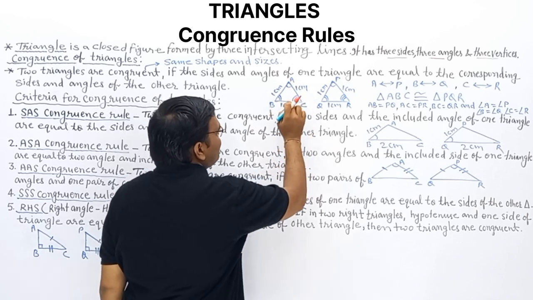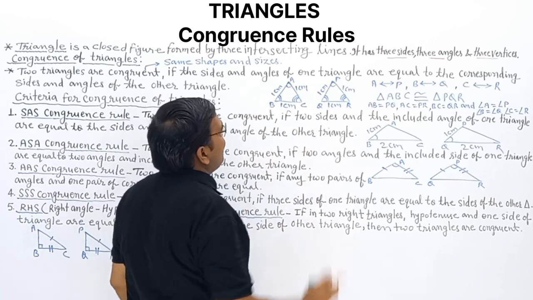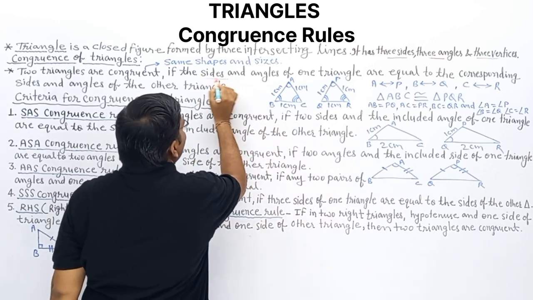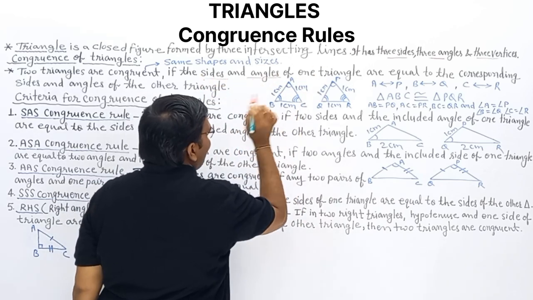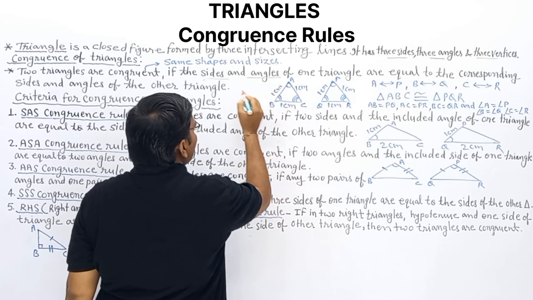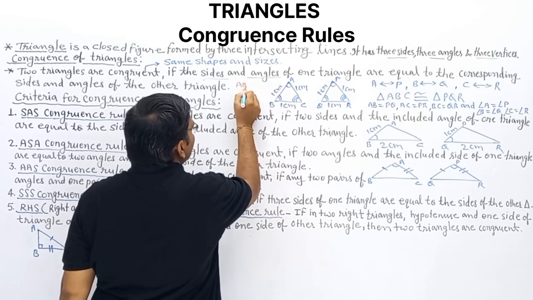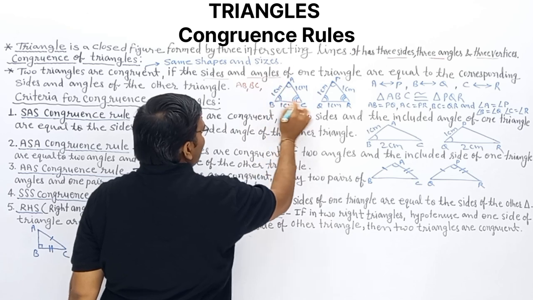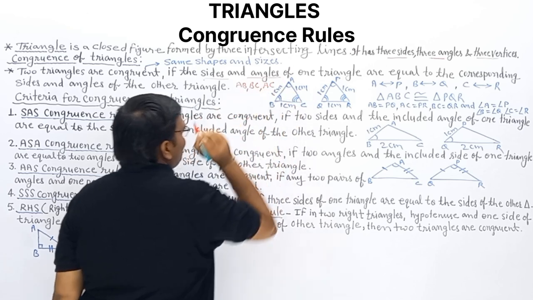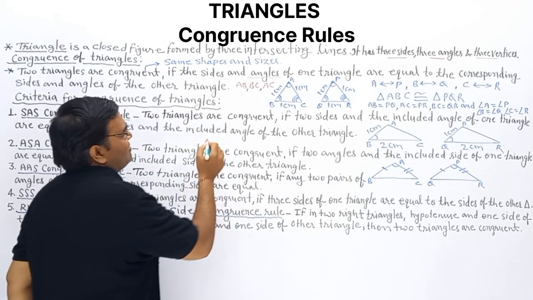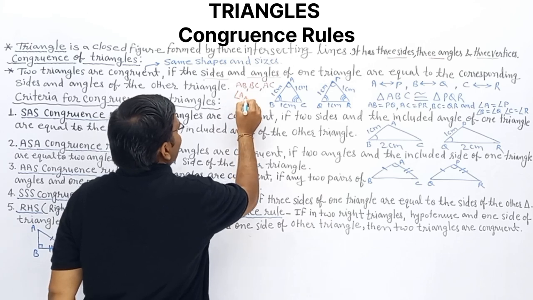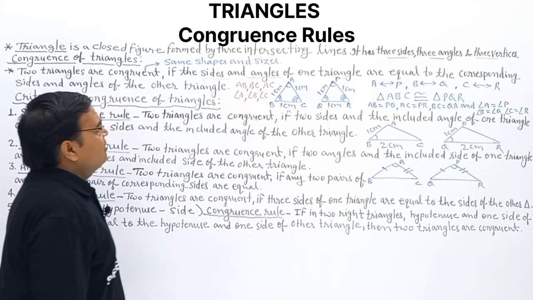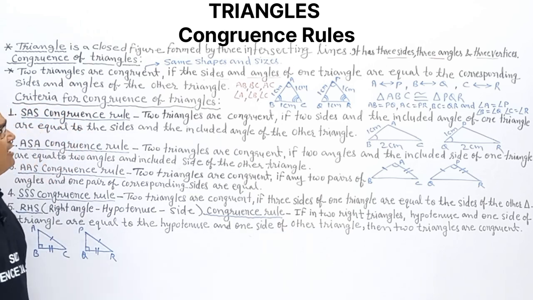This triangle has three sides, AB, BC and AC, and three angles, angle A, angle B and angle C.